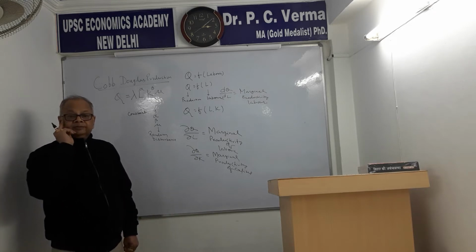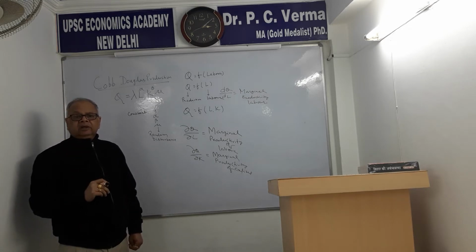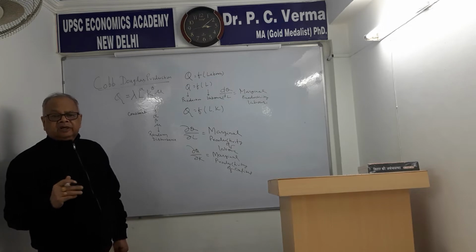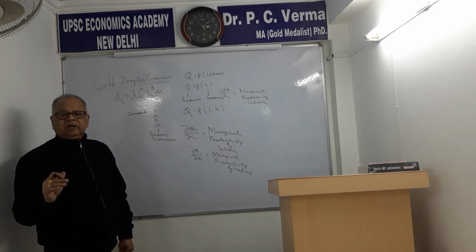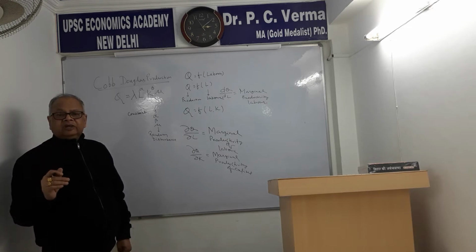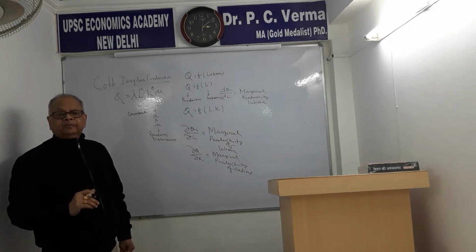Like earthquake, like flood, like famine, sudden occurrence of war. These are random disturbances. In the analysis of economic theory, in the analysis of production function, this random disturbance is assumed to be constant. Only then economics will play a role.